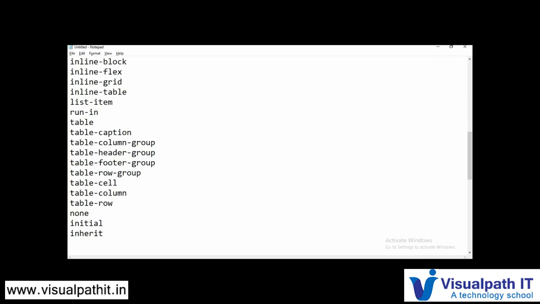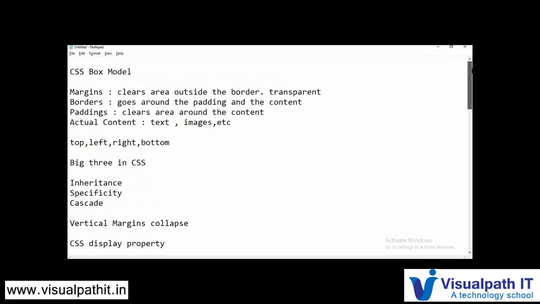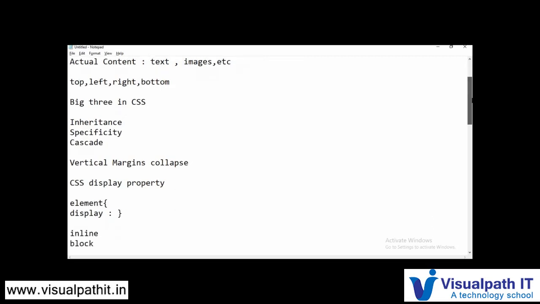So these are the values. Out of this we'll just see a few, hardly 4 to 5, and let's know the concept of the display property.